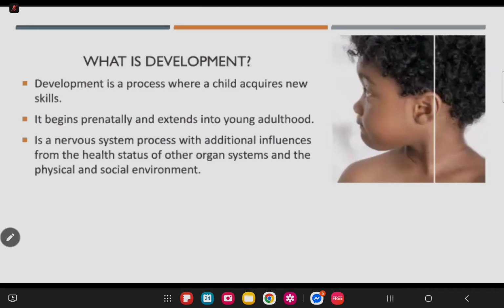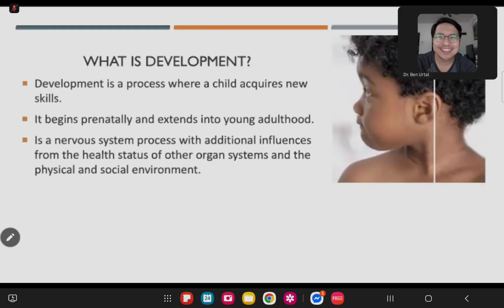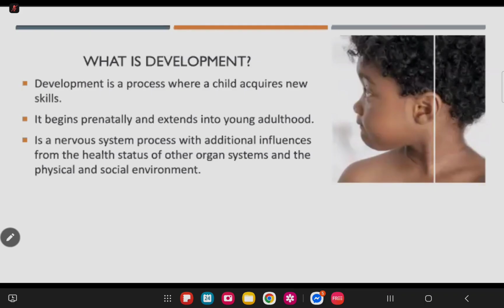So development is a process where a child acquires new skills and it begins prenatally and extends into young adulthood. It is a nervous system process with additional influences from the health status of other organ systems and the physical and social environment.